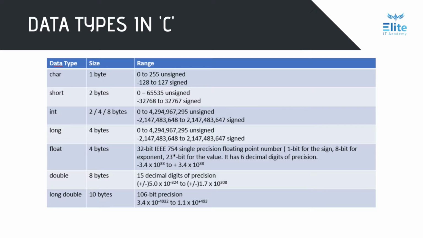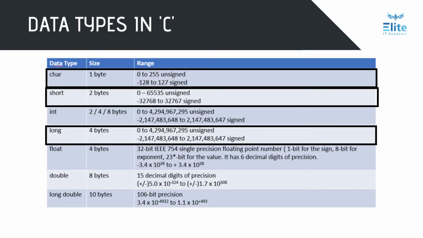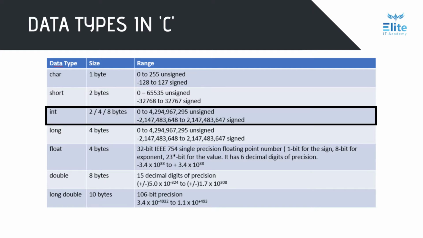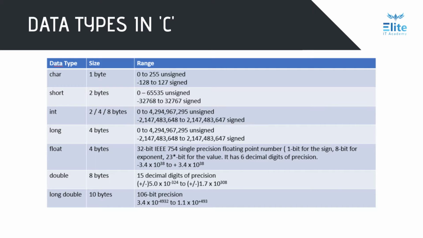The integer data types are char, short, int, and long. Each of these data types differ in their sizes and range of values they can hold. The important point to note here is that while the size of a char, short, and long is fixed, the size of an int depends on the compiler. A 16-bit compiler will allocate 2 bytes to an int, whereas a 32-bit compiler will treat ints as 32 bits.